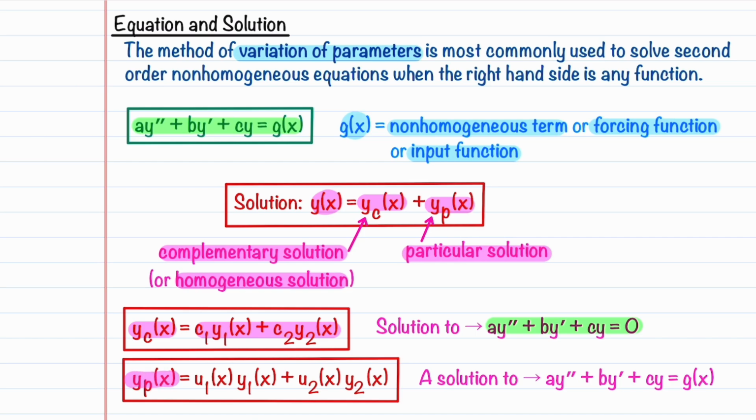The particular solution is written as u1 of x y1 of x plus u2 of x y2 of x. Here, u1 and u2 are functions that depend on x, and they vary. That's why this method is called variation of parameters. Y sub p is a particular solution to the non-homogeneous equation.